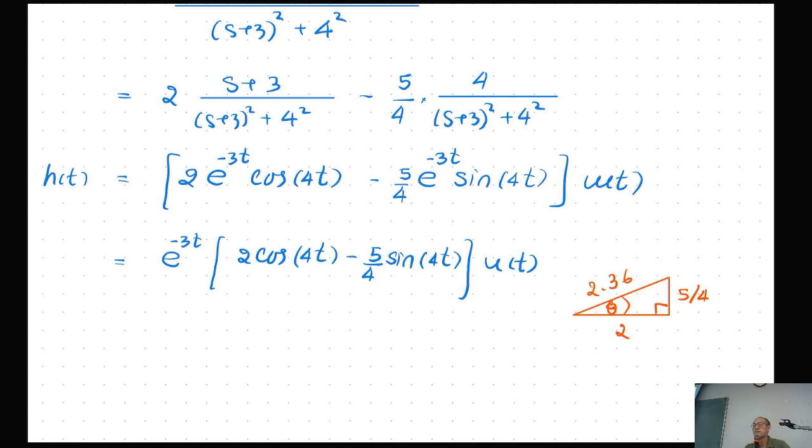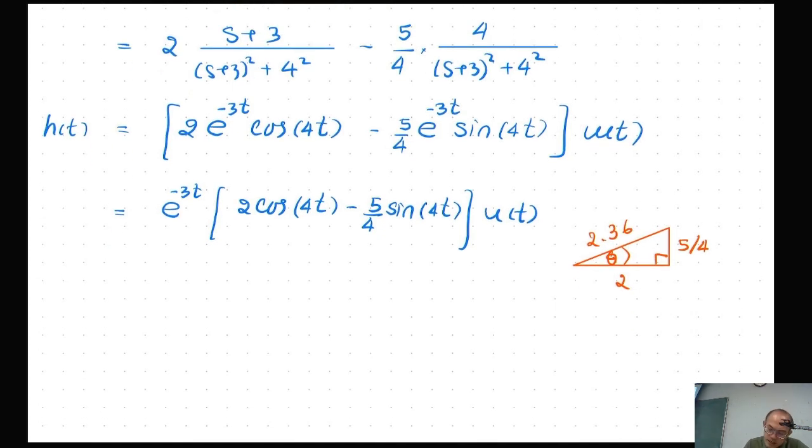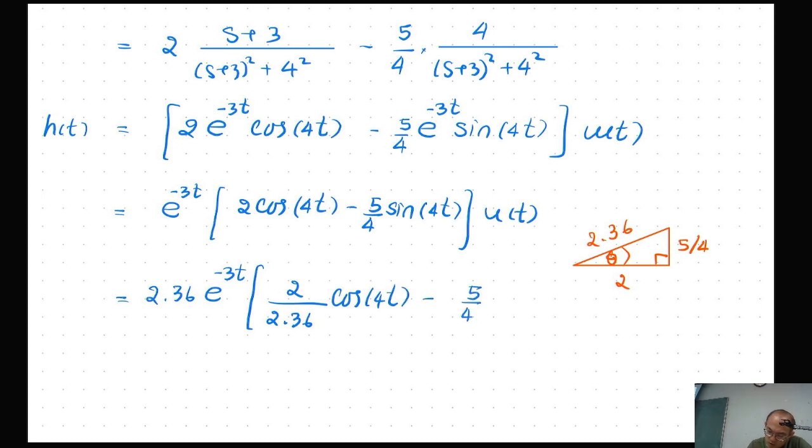So I have 2.336 e^(-3t), and the inside is 2 over 2.336 times cosine of 4t minus 5/4 over 2.336 sine of 4t, times u(t).